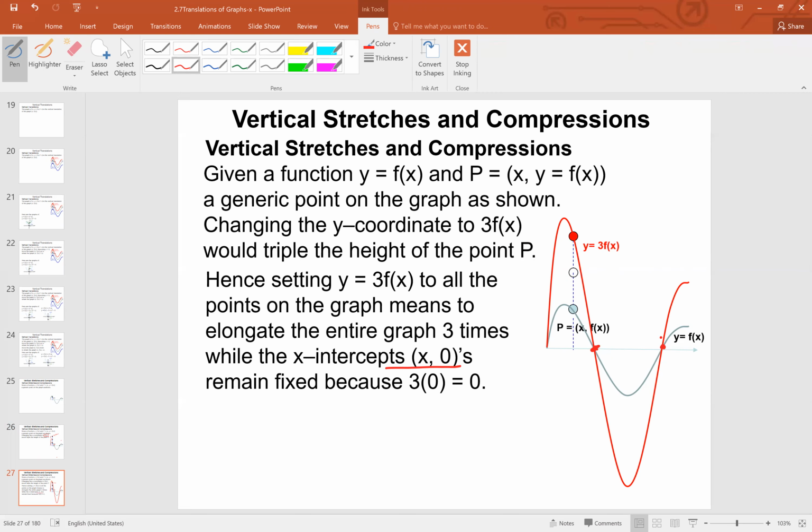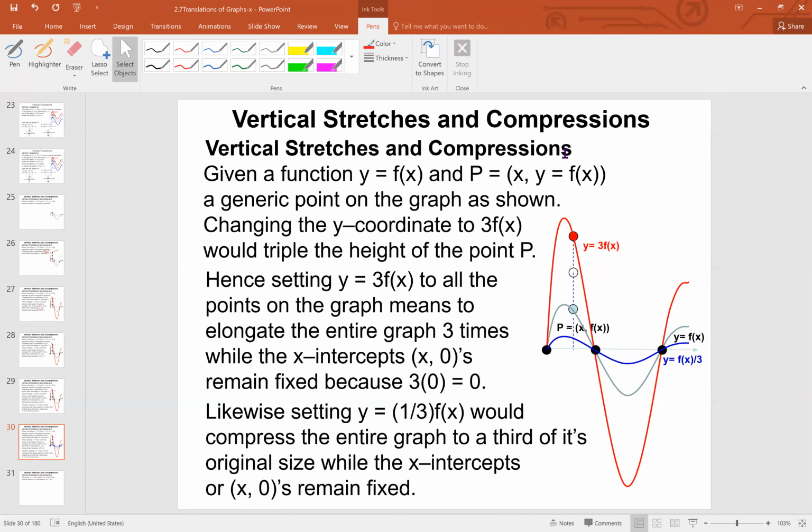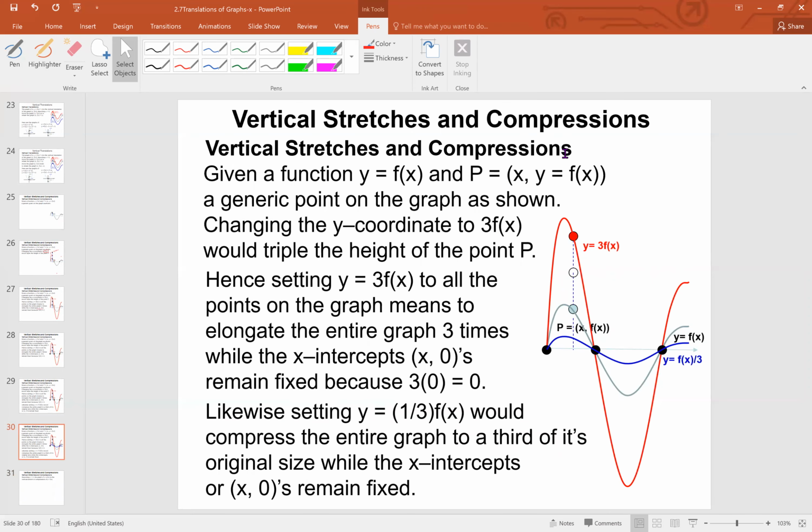So this is the effect of multiplying by a number. This is k times f of x, and here's a summary of it. By the way, if I divide by 3, then I will be compressing the curve to 1/3 of its original height at every location. Sometimes you see this on the TV screen, when the old TVs go out, they compress.